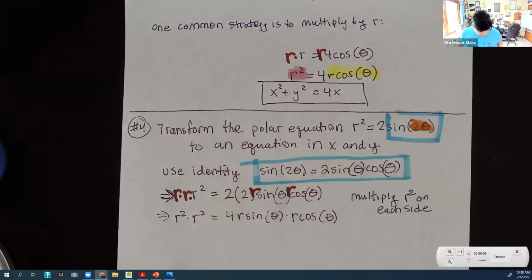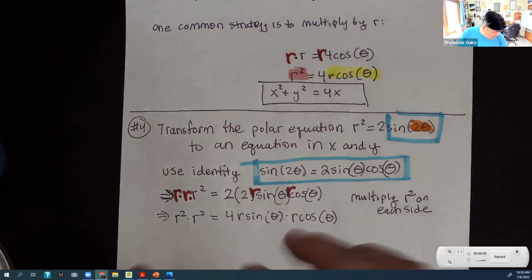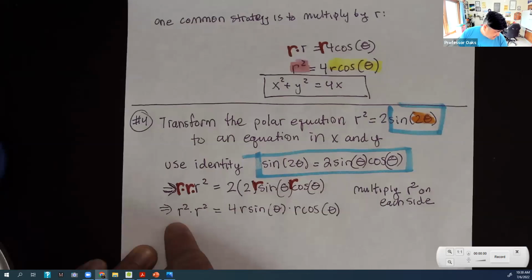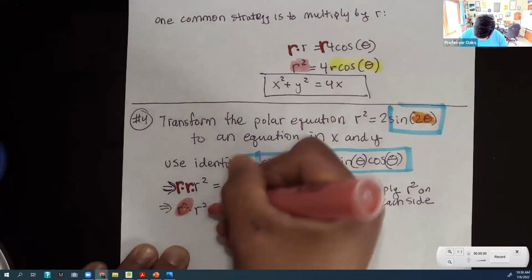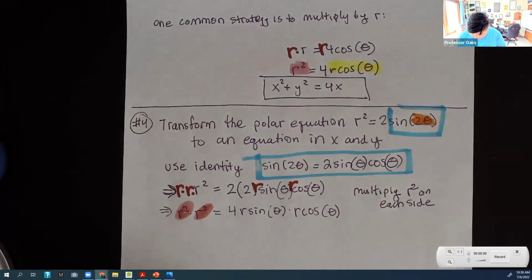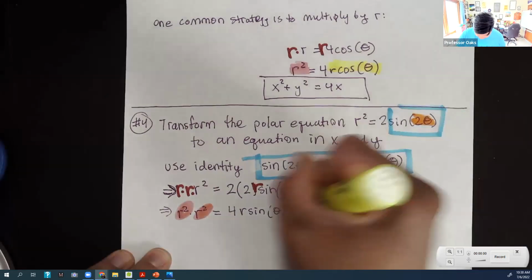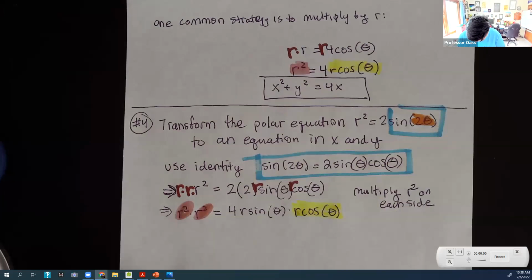And then if you use the formulas at the top, there's a reason why I'm not writing that as r to the 4th. You could, but there's not a formula for r to the 4th, but there is for r squared. So that's why I'm just going to leave it like that.